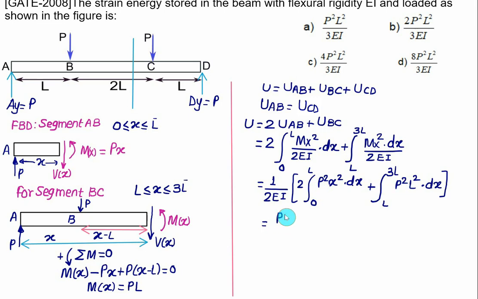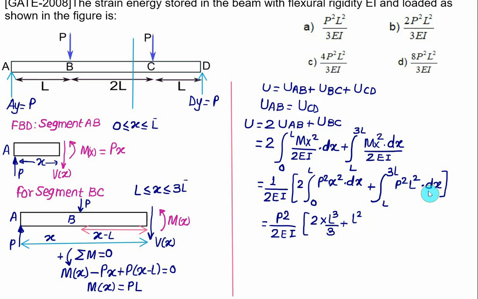So we have P squared divided by 2EI multiplied by the bracket: the integral of x squared is x cubed divided by 3, which gives L cubed divided by 3, plus L squared, a constant term.